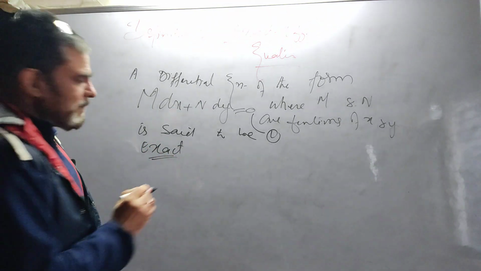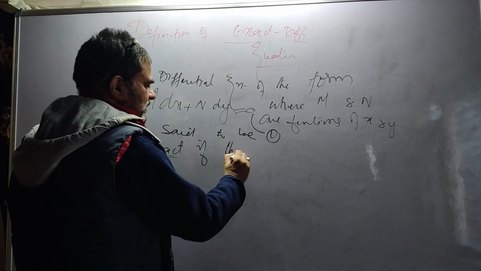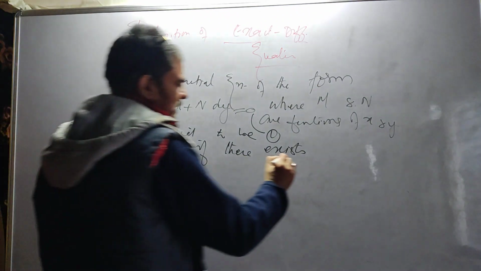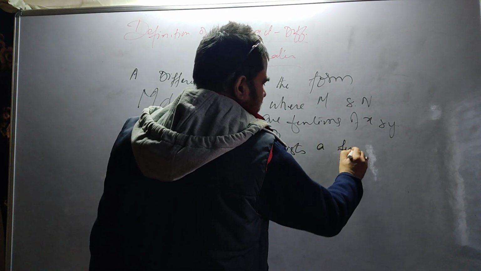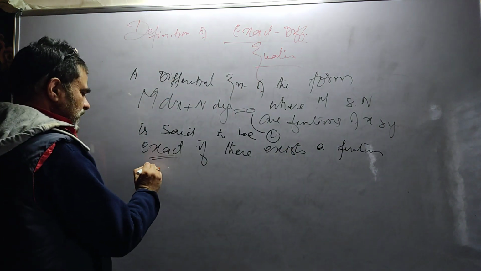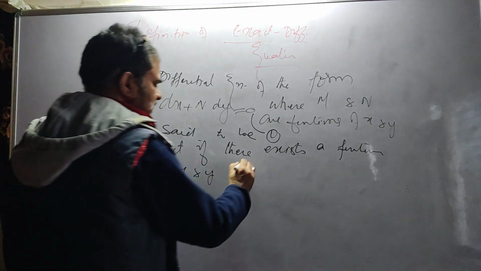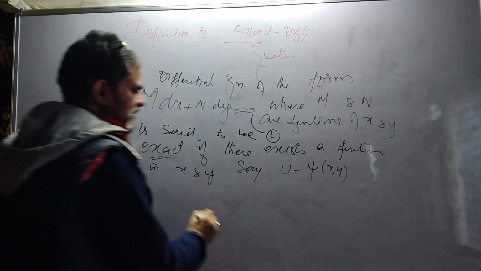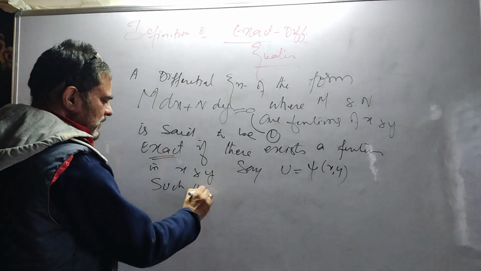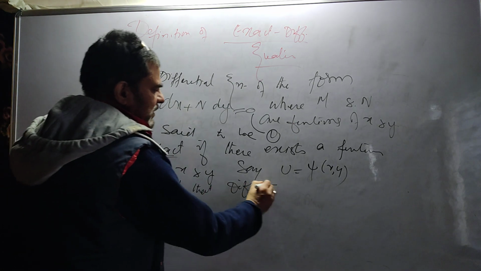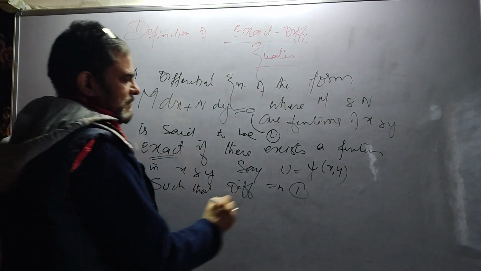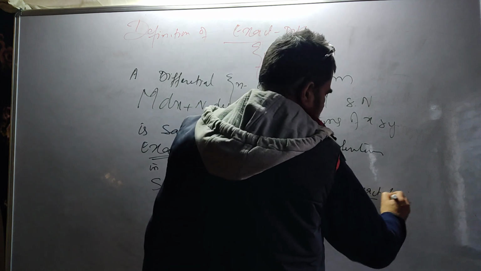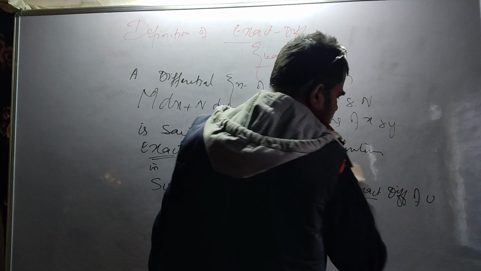It is said to be exact if there exists a function in x and y, say u is equal to some function of x and y, such that differential equation number 1, that is this, is exact differential of u.